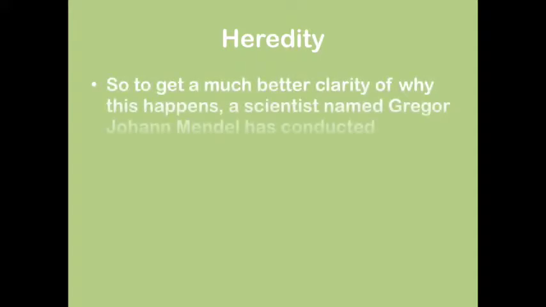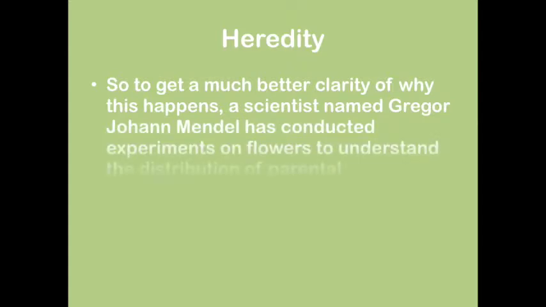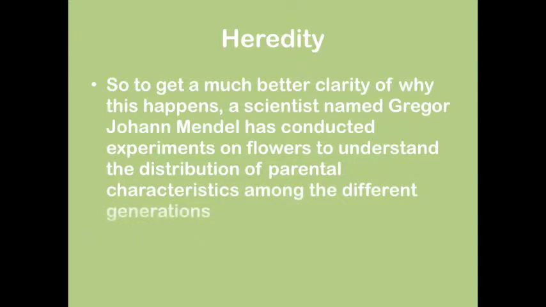So to get much better clarity of why this happens, a scientist named Mendel conducted experiments on flowers to understand the distribution of the parental characteristics among the generations. So the scientist was Johann Mendel. Okay. Now let's study the experiments conducted by this person. The experiments conducted by him were named Mendel's experiments, and we will be learning about them shortly.